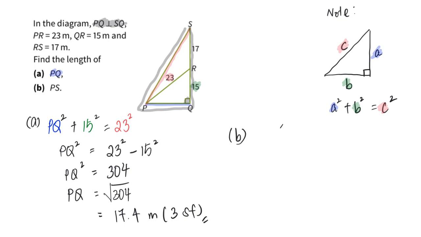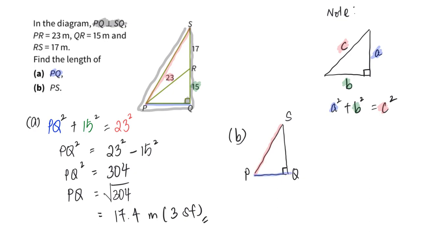That will help me to solve for part B easily. Because now I successfully identify my PS as variable C, and I am able to get my PQ previously.